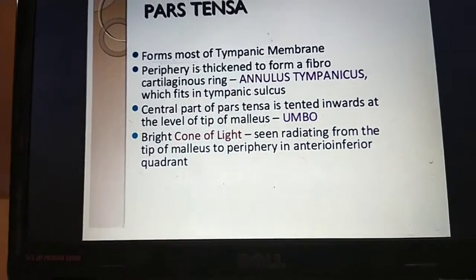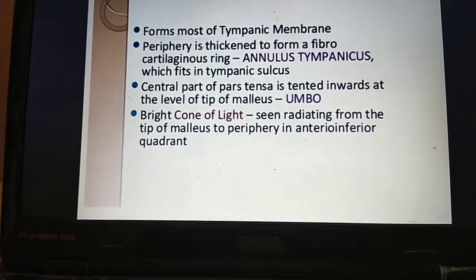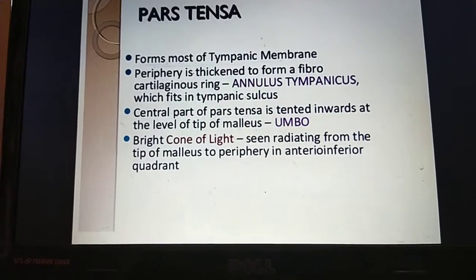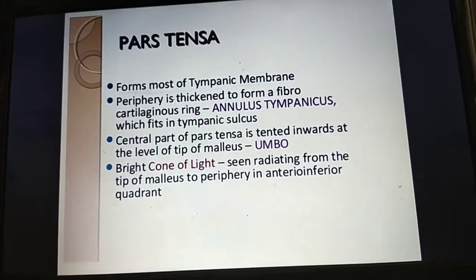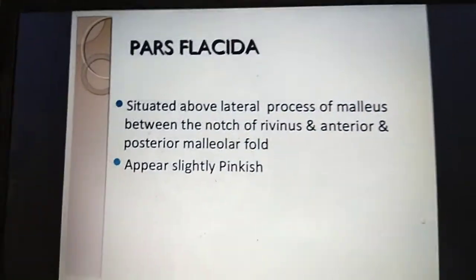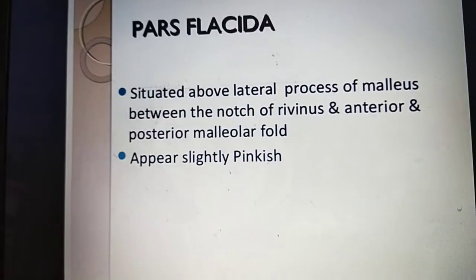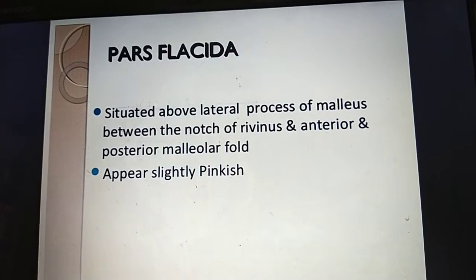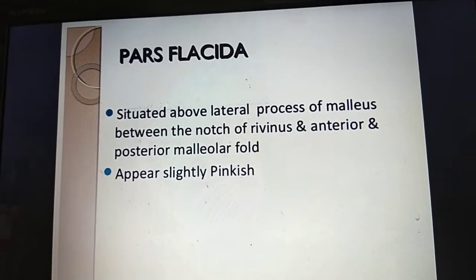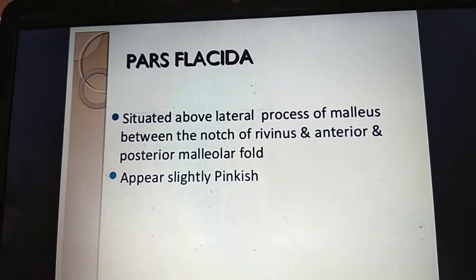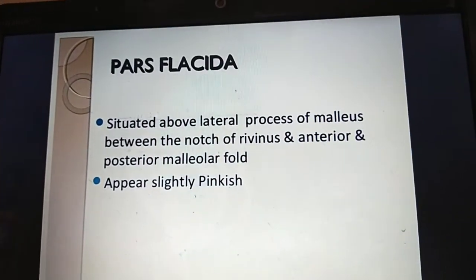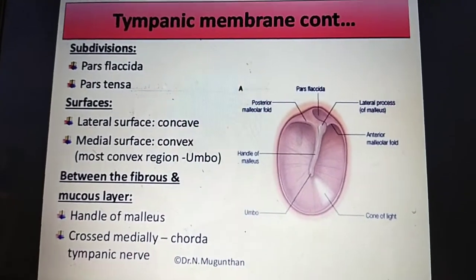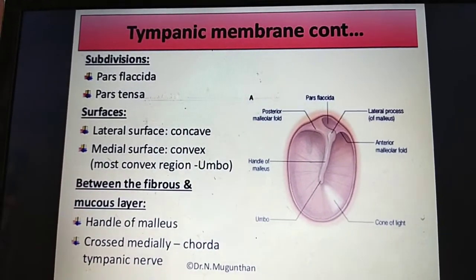The cone of light, the bright cone of light, radiates from the tip of the malleus to the periphery in the anterior-inferior quadrant. Now, the pars flaccida, which is situated above the lateral process of the malleus between the notch of Rivinus and the anterior and posterior malleolar folds, appears slightly pinkish in color. So the tympanic membrane has subdivisions: the pars flaccida and the pars tensa.